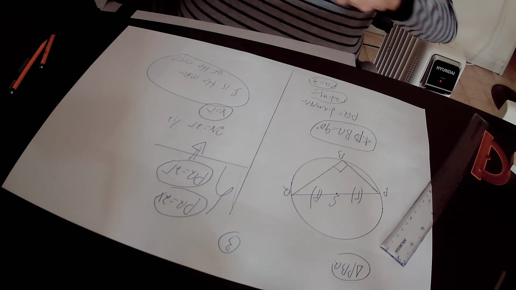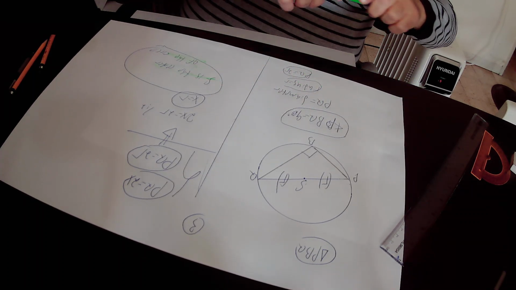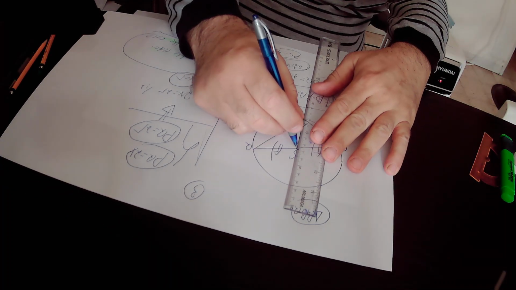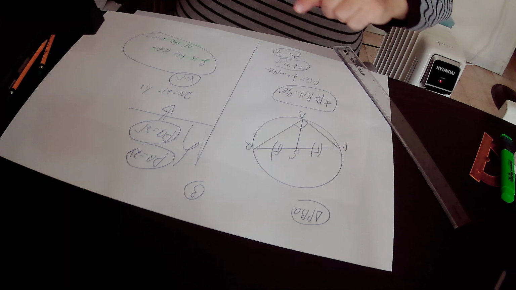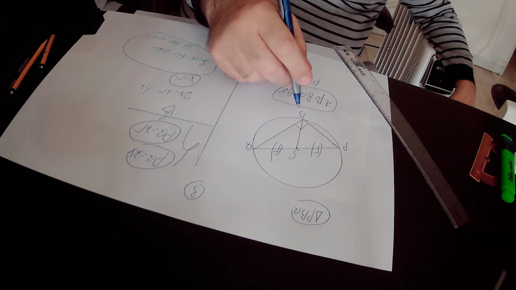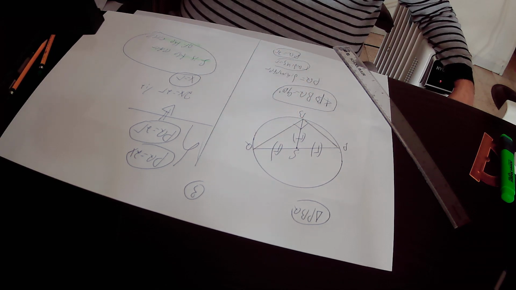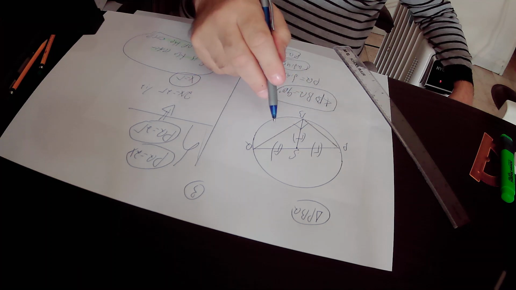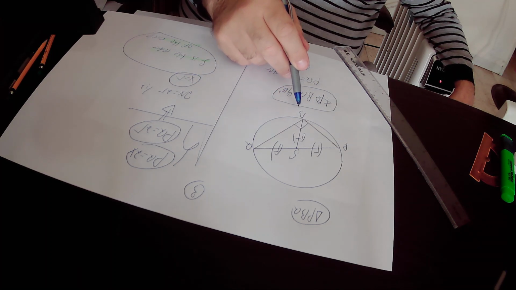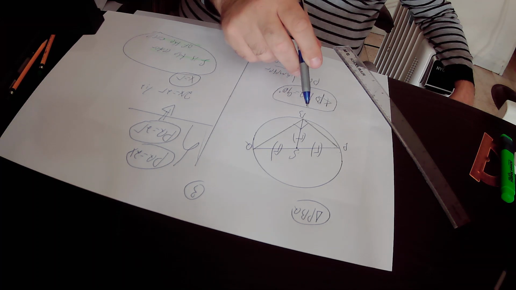In the next step, we'll join points S and B together by a straight line. Point S is the center of the circle, point B is a point on the circle itself, therefore SB is the radius of this circle, that is equal to r. In conclusion, we found out that PS equals SQ equals SB. All those three line segments are equal to each other because each of them is the radius of this circle.